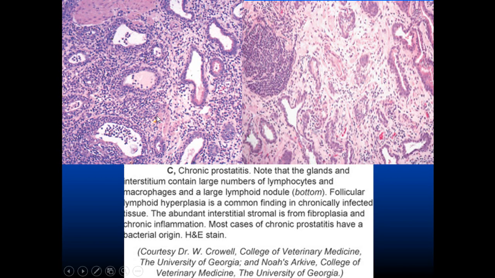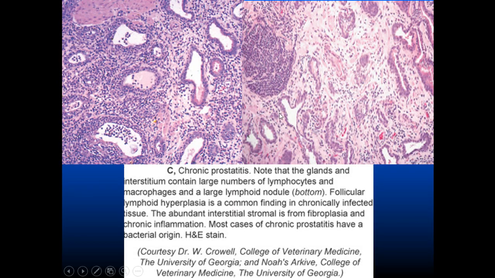In the case of chronic inflammation, chronic prostatitis, you can also find fibrous tissue in the interstitial part. There will be thick fibrous tissue in the interstitial part, and the inflammatory cells in chronic prostatitis are usually composed of lymphocytes and plasma cells, and also some macrophages.